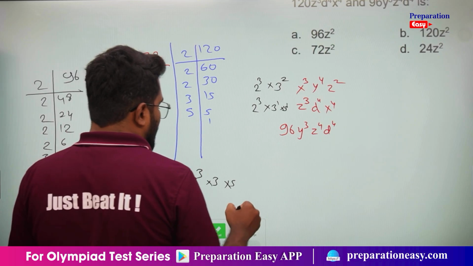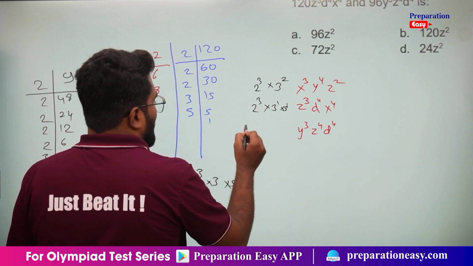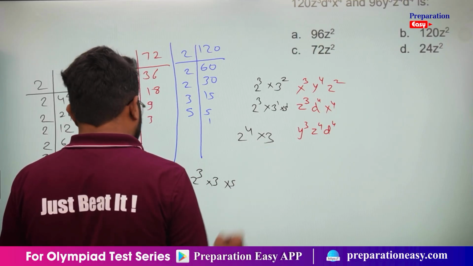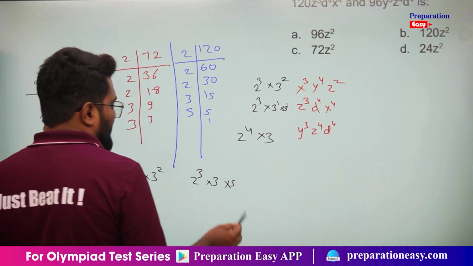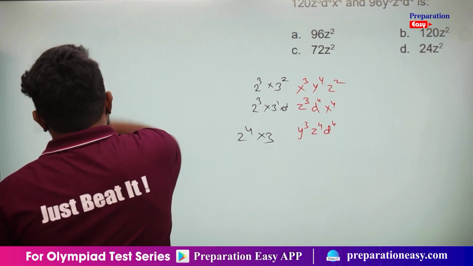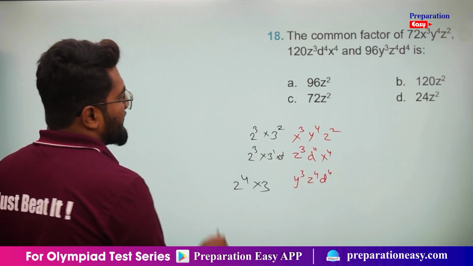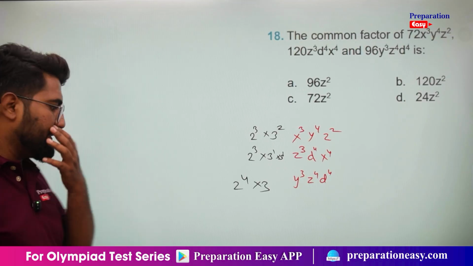And the last one, 96, is 2 power 4 multiplied by 3. These are our prime factors.